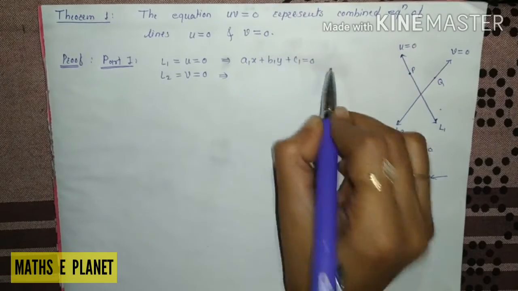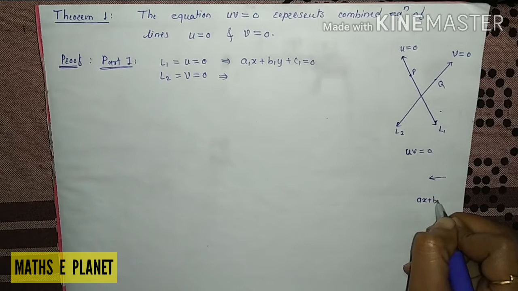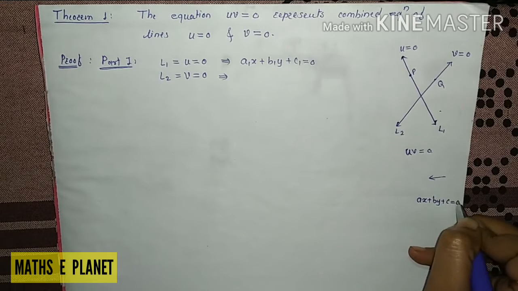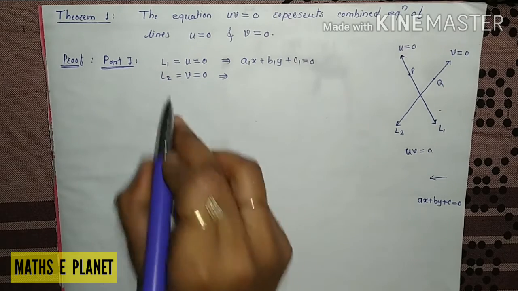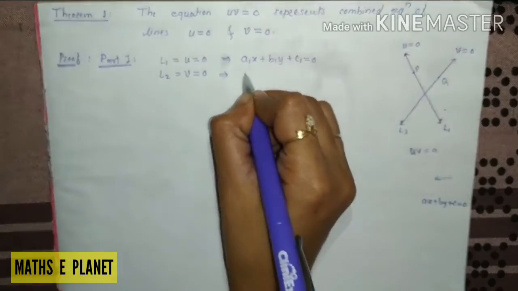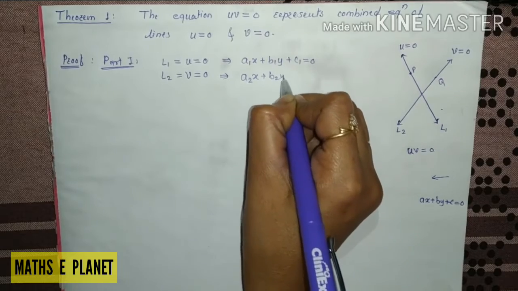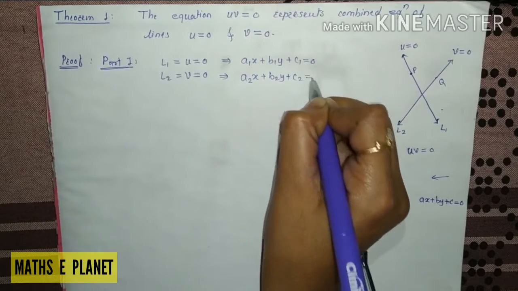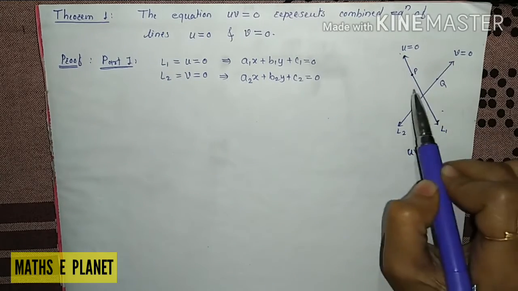The general equation of any line is ax plus by plus c is equal to 0. You know it very well. And for the line L2, the second line, we'll write it as a2x plus b2y plus c2 is equal to 0.